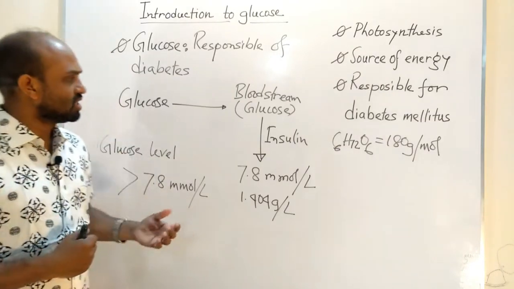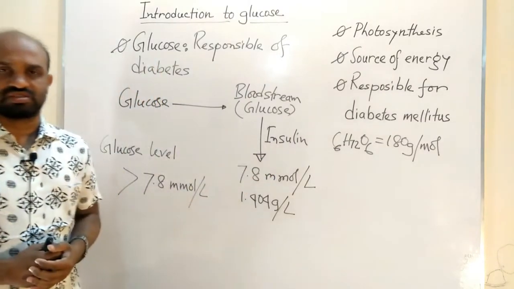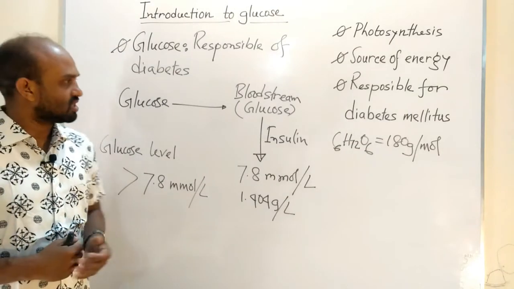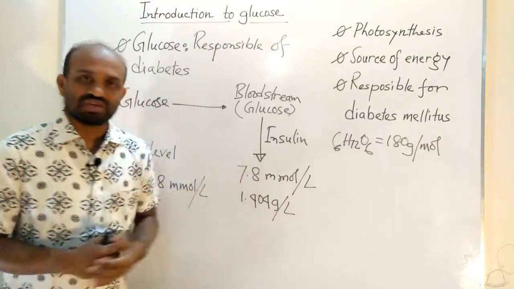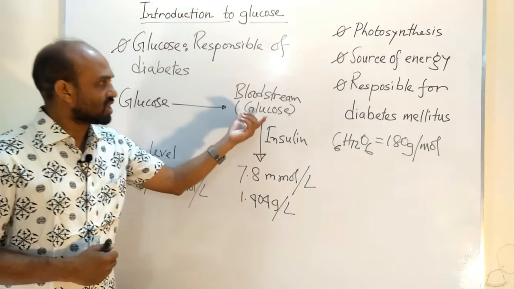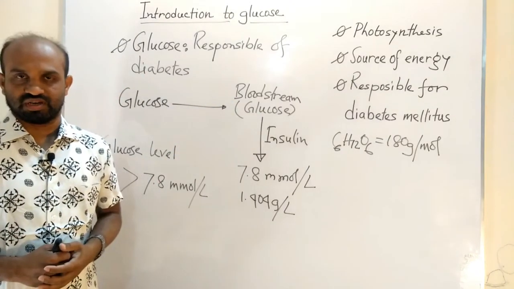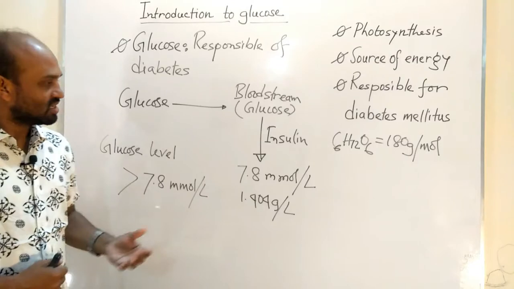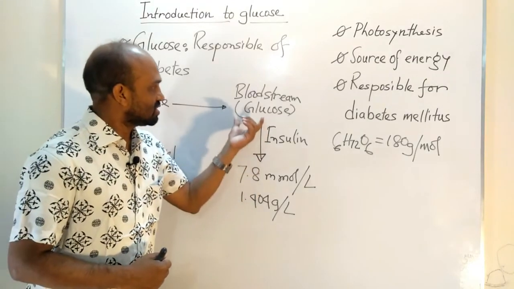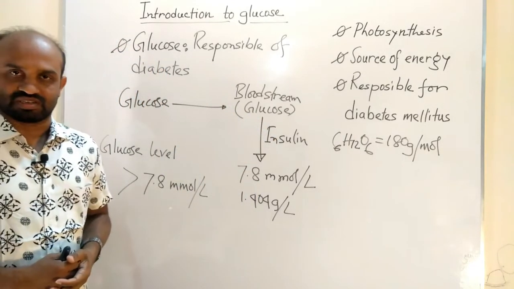If somehow production of insulin is decreased, then it cannot regulate the bloodstream glucose properly, and then in the blood the amount of glucose is increased.